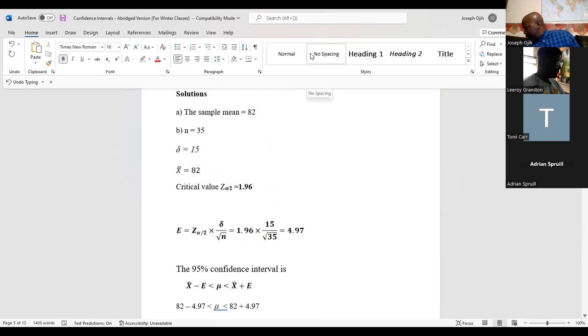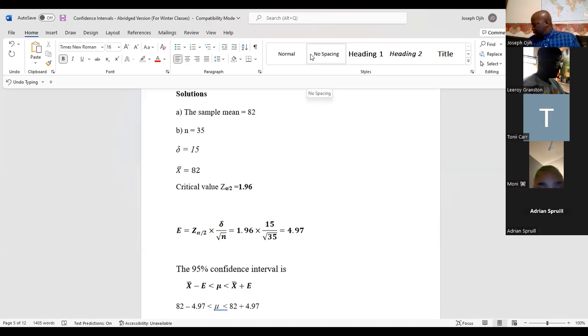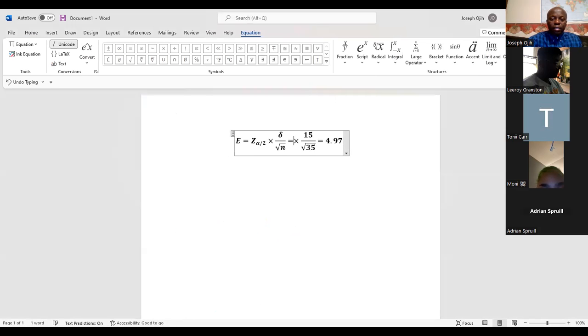So we're going to use 2.58 here instead of 1.96. This time around, we're looking for 99%. So let me write this down, and then we can put this in our calculator and get the answer. For the error margin, we got 2.58 times 15 over the square root of 35. That's the only thing that will change, and then we can get our error margin from there.